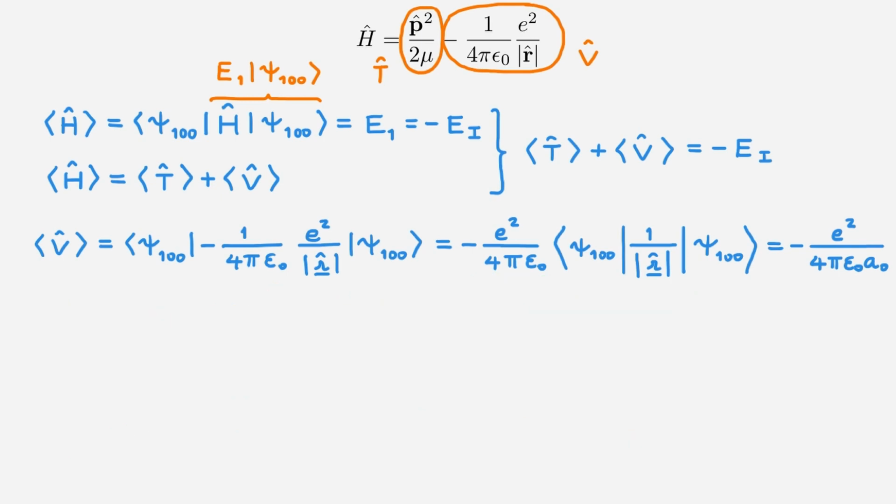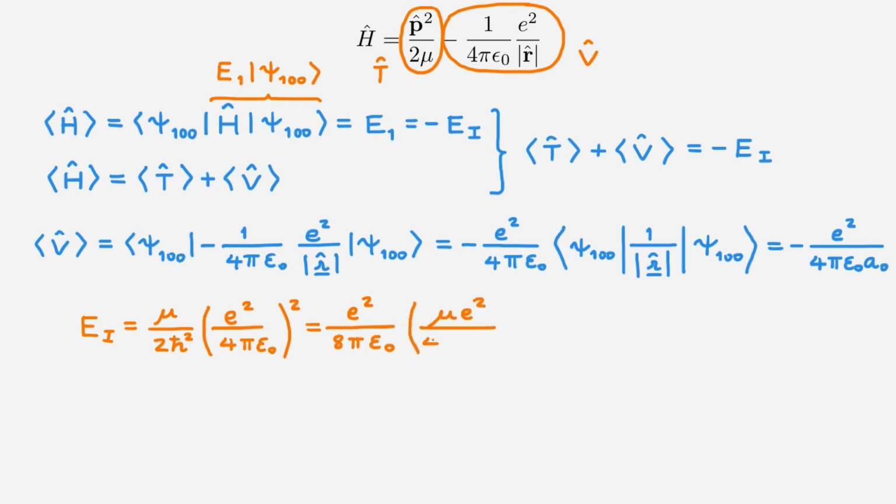Let's make some room. To make progress, we need to consider the ionization energy, which, remember, is equal to this. We can reorganize the expression for the ionization energy like this. And we now recognize the term in brackets as the inverse of the reduced Bohr radius, so that we can write the ionization energy in terms of the reduced Bohr radius like this.